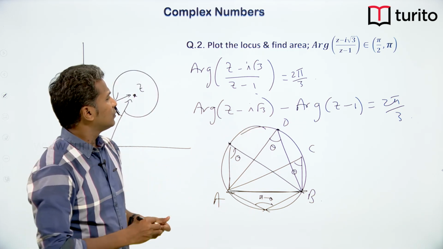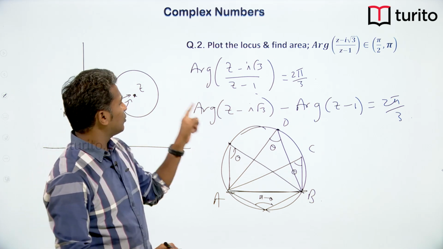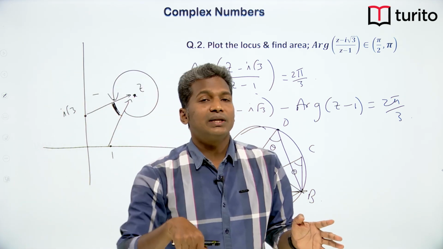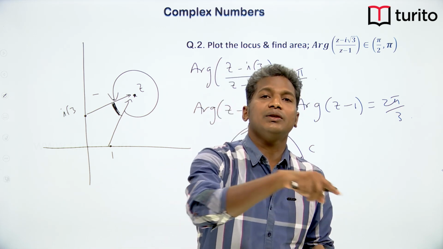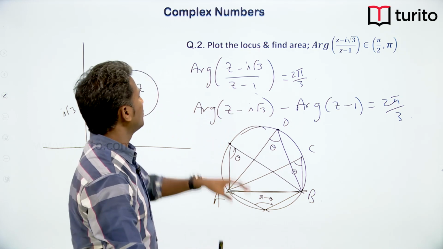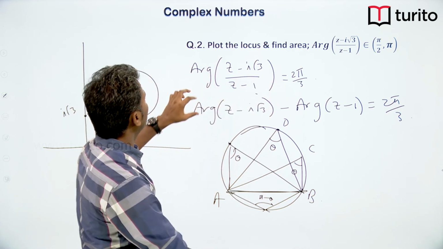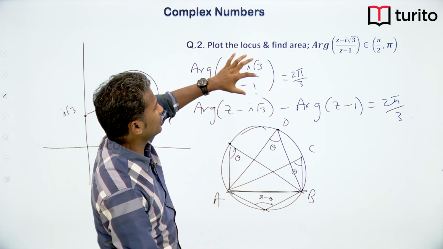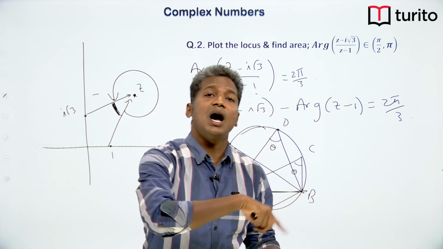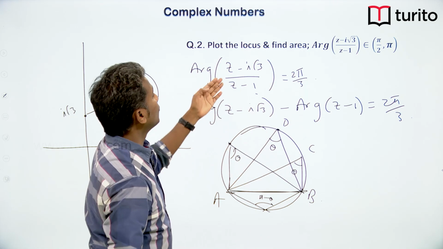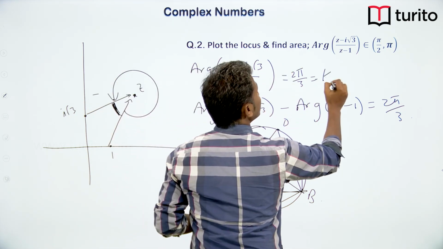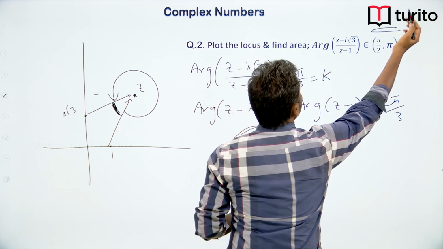So, z will lie on a circle, but not on the complete circle, only on a particular part of the circle, which we can call an arc. So, we have observed that if the argument of the ratio is constant, we get a circular arc. Now, what happens if this RHS is a constant which varies between pi by 2 and pi?